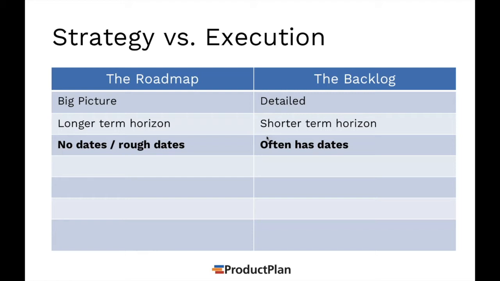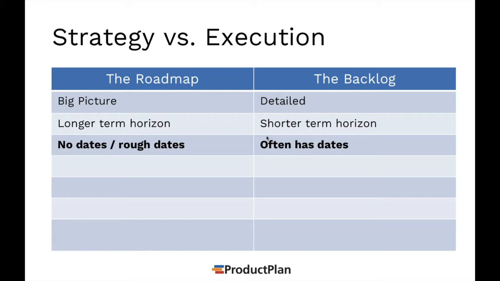So the backlog, however, often has dates. Now, it really does depend. The dates on the backlog depend on what sort of agile methodology you're using. So for example, if you're using Kanban, you may not have dates. Kanban is a method where you're simply ordering your backlog and the things that you're committing to for the current development cycle, and then those are processed in order.